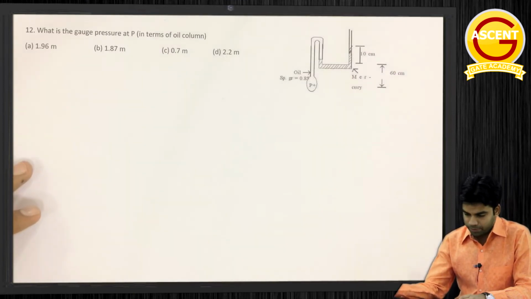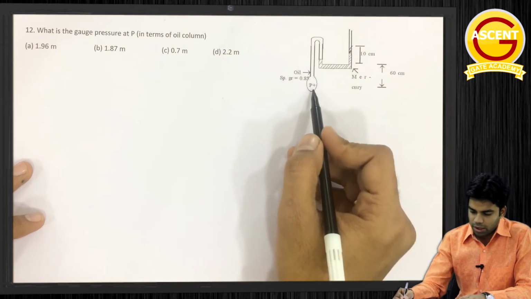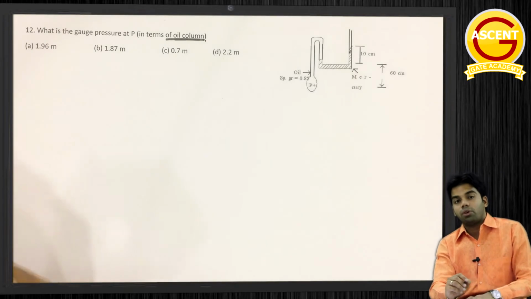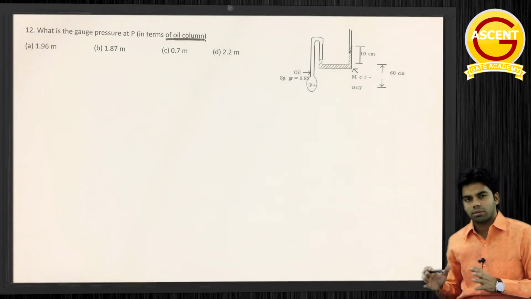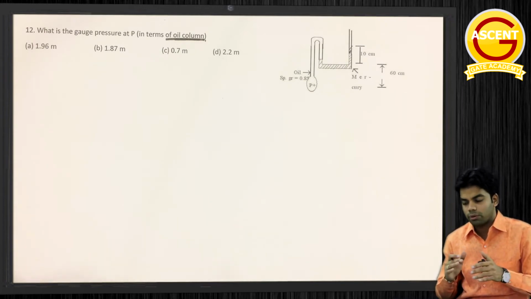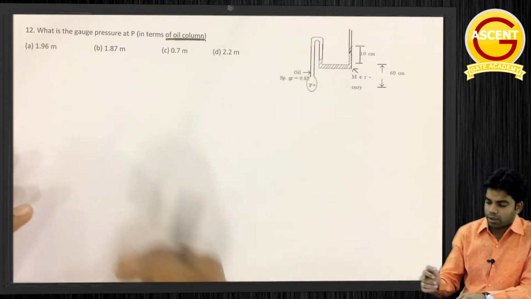Next question. What is the gauge pressure at P? We have to determine the gauge pressure in terms of meter of oil column. We have already solved such questions during the theory part. How can we solve such a question if we want to calculate it directly in terms of meter of oil? So directly we will solve it in terms of meter of oil.